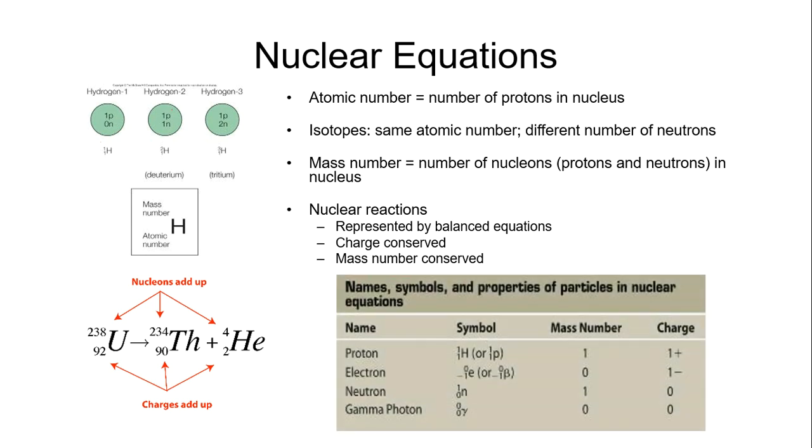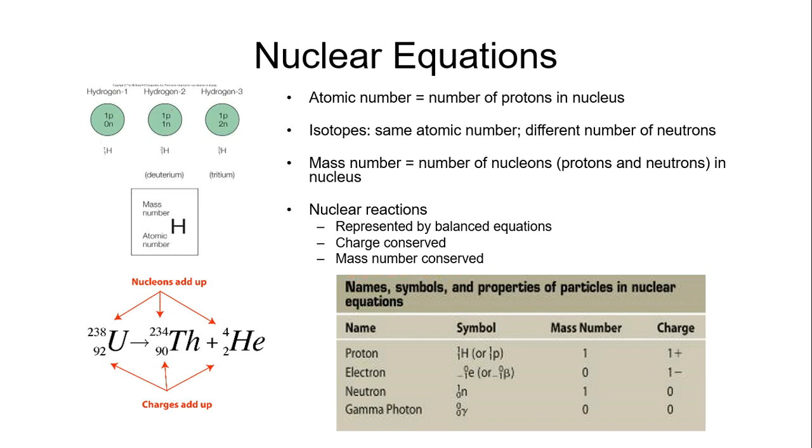Remember here in this table we're describing the charge and mass numbers of all the particles we need to worry about in nuclear reactions. We have protons, which have a mass of 1 and a charge of positive 1. Electrons, which are far lighter than protons, and so we say it has a mass number of 0, but it has a charge of negative 1.